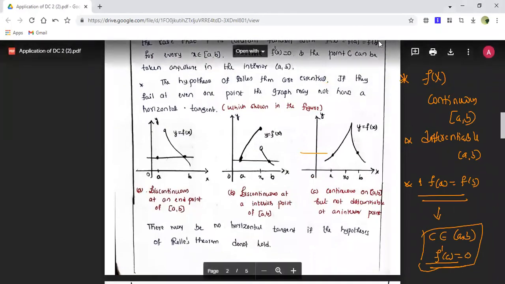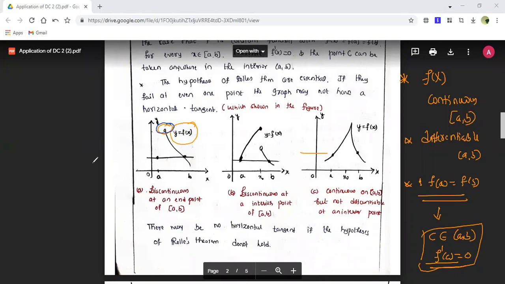I'll explain with the help of graphs. You can observe this particular graph. Here, y equal to f of x is discontinuous at an endpoint. You can see clearly that at a, this function is not continuous.